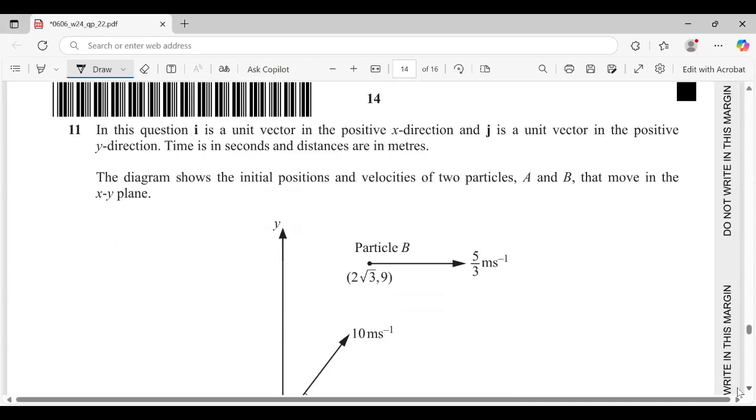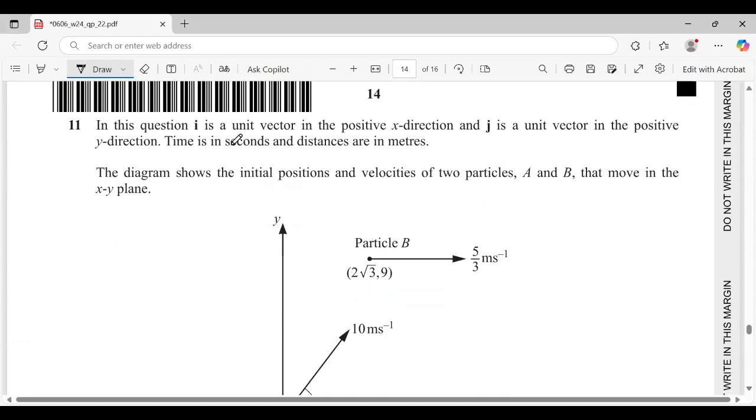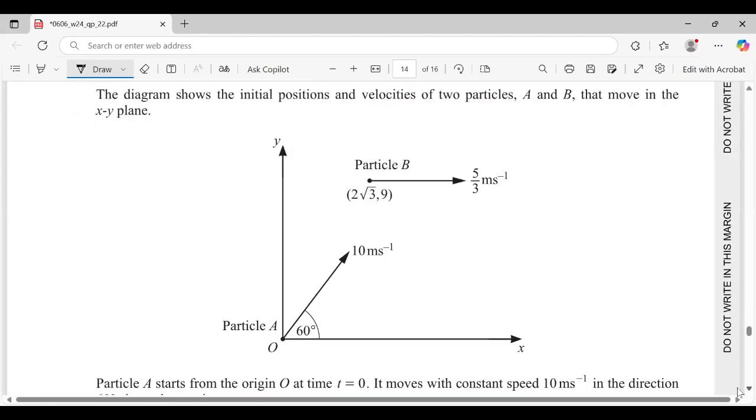Number 11. In this question, i is a unit vector in the positive x direction and j is a unit vector in the positive y direction. Time is in seconds and distances are in meters. The diagram shows the initial position and velocities of two particles A and B that move in the xy plane.